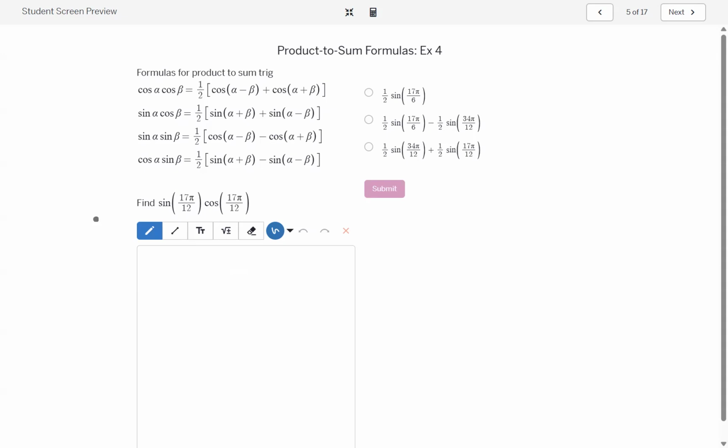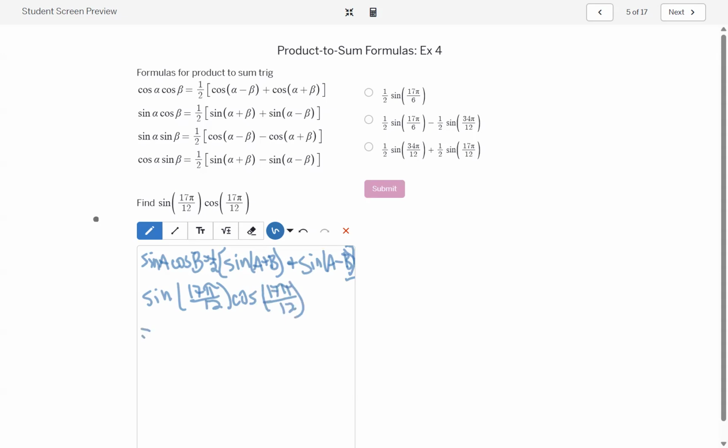All right. So sine A, cosine B. We got our 1/2 sine 17 pi over 12 plus 17 pi over 12.